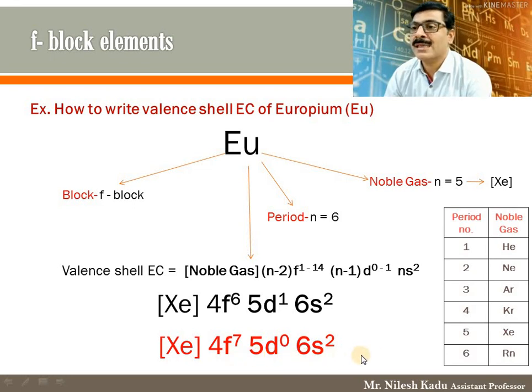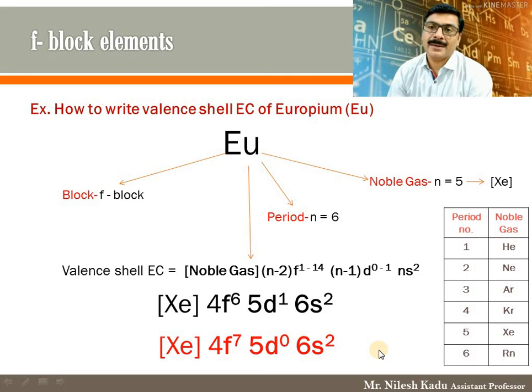Now this is the valence shell electronic configuration for an f block element. Friends, in this way you can write the valence shell electronic configuration for an s block element, then for a p block element, then for a d block element, and for an f block element.